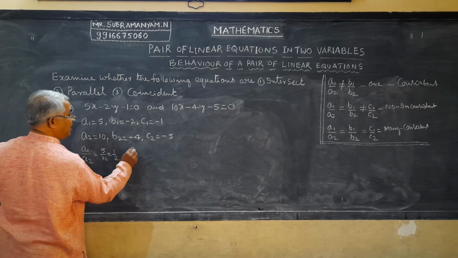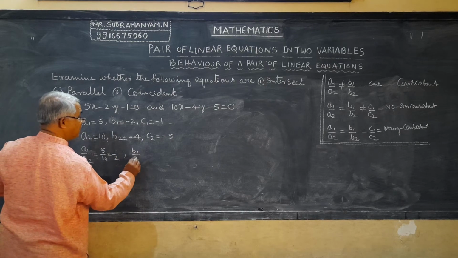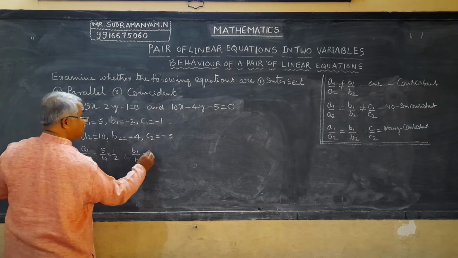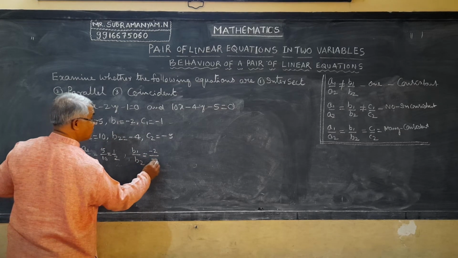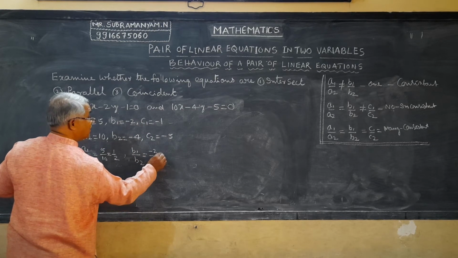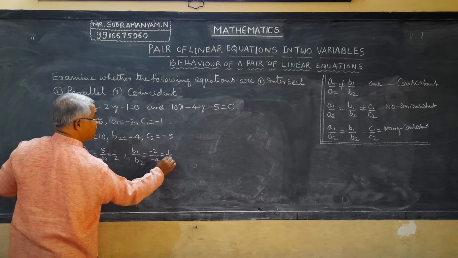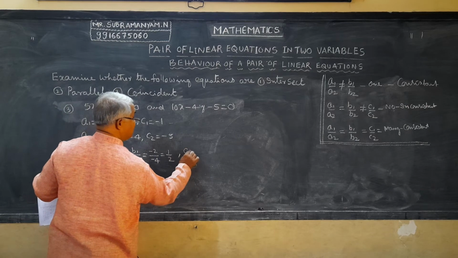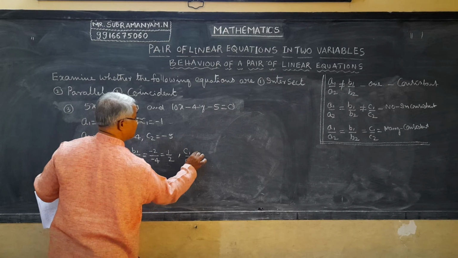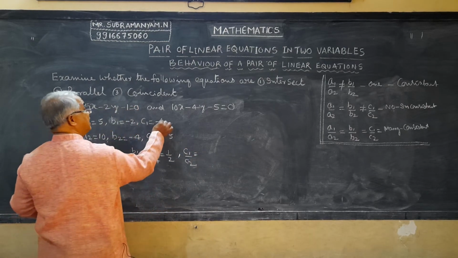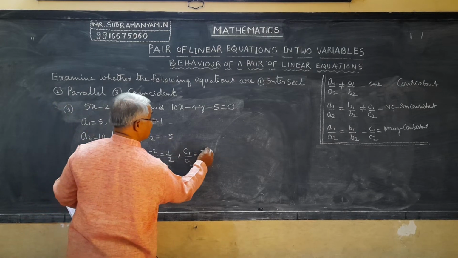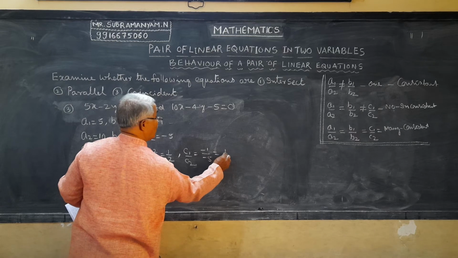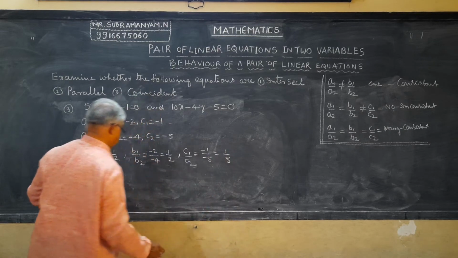Next, B1 by B2, minus 2 by minus 4, that is equal to 1 by 2. Minus divided by minus is plus. C1 by C2 equal to minus 1 by minus 5, that is equal to 1 by 5.